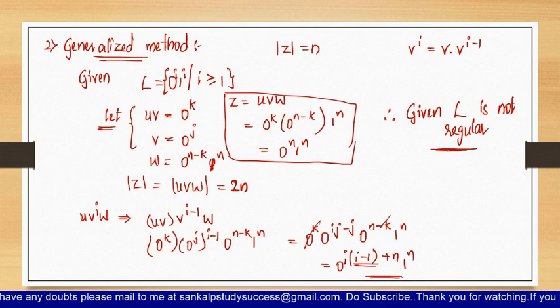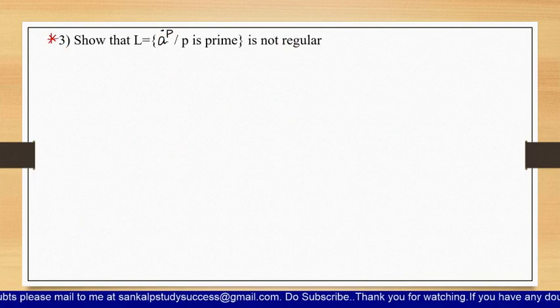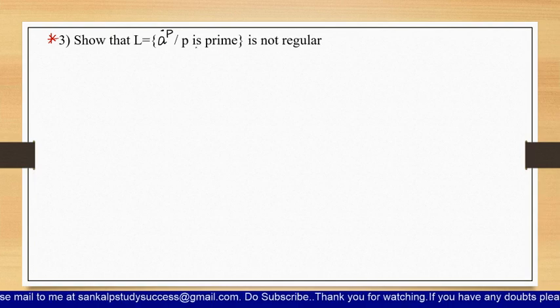Now let us solve one more question, which is the most important one. Show that L is equal to a to the power of p, where p is prime. So that means we need to show this language is not a regular language. Let us write all the strings which are generated from that language.